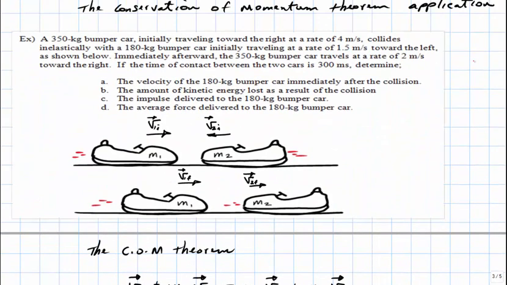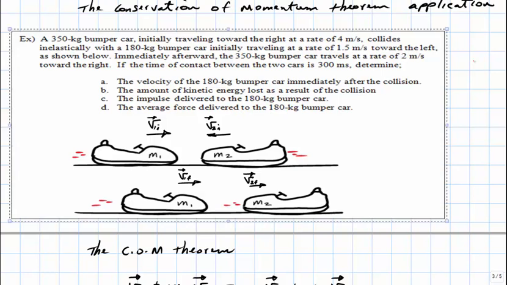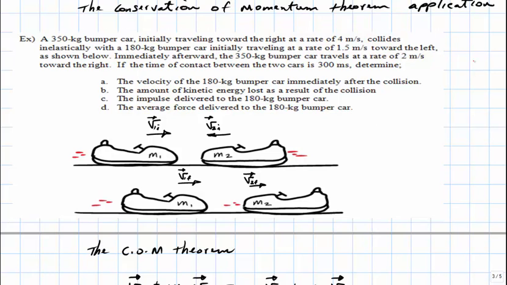Here it is. The time of contact during the collision equals 300 milliseconds, and of course we have to convert that to seconds. A millisecond, of course, is 1/1000th of a second, and so to convert this, we'll just bounce the decimal point over 3 times to the left, and that results in 0.3 seconds.